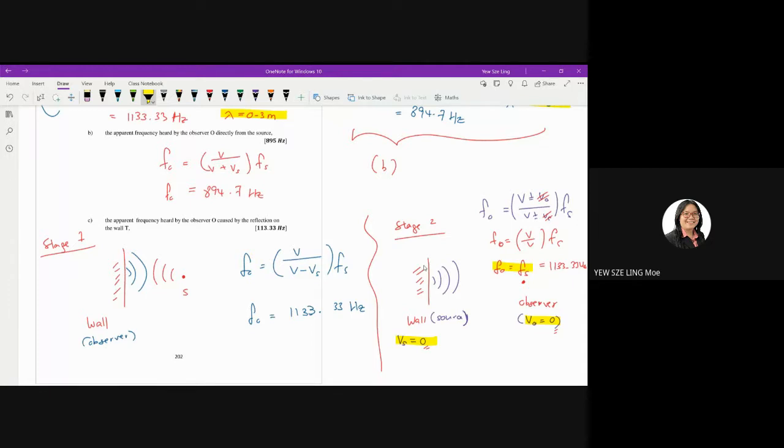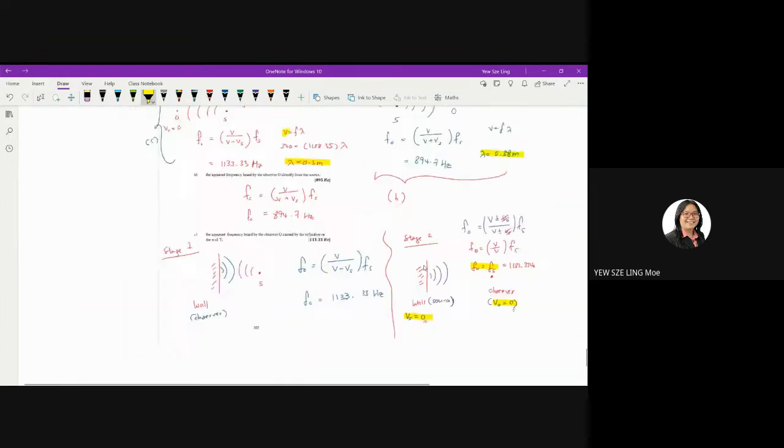Now the wave is coming from the wall. So when it comes to Doppler effect questions, the most important thing is to identify which one is acting as a source and which one is acting as an observer. Sometimes one object can act as both observer and source at the same time, depending on how the question asks you.